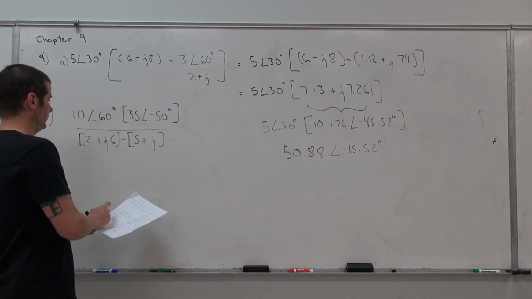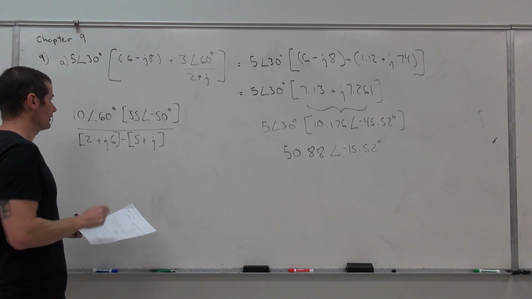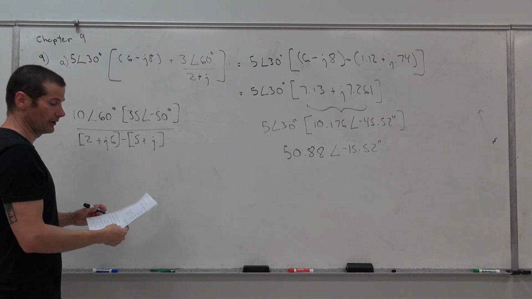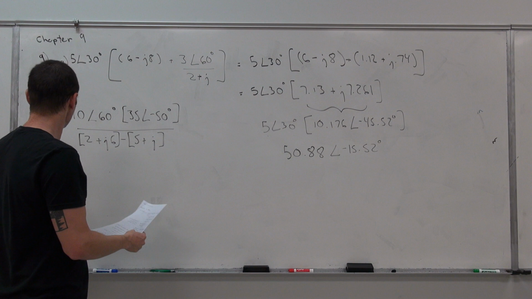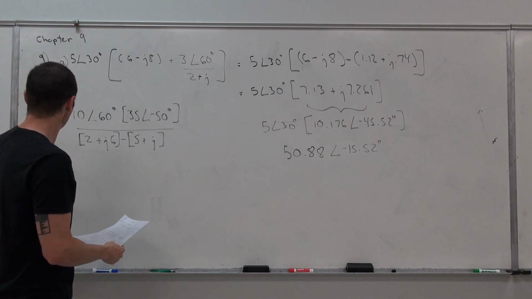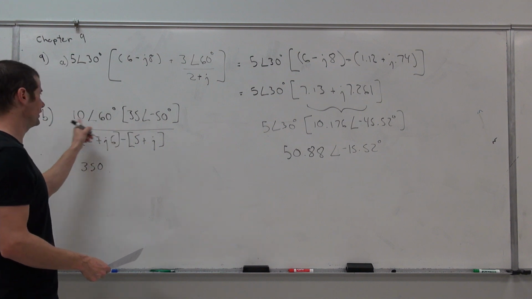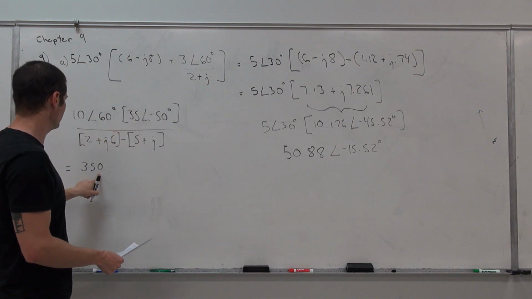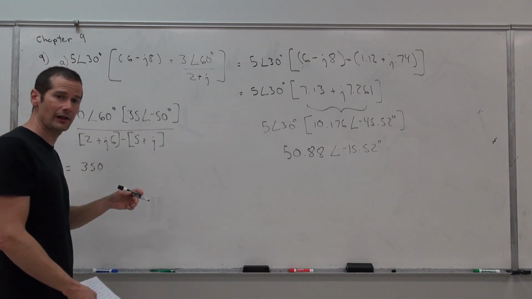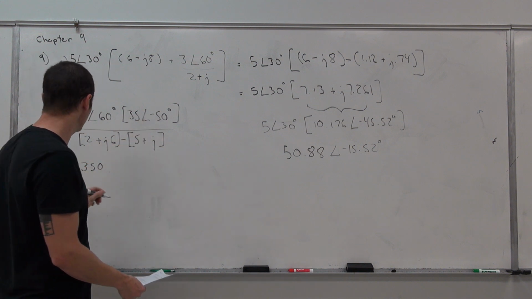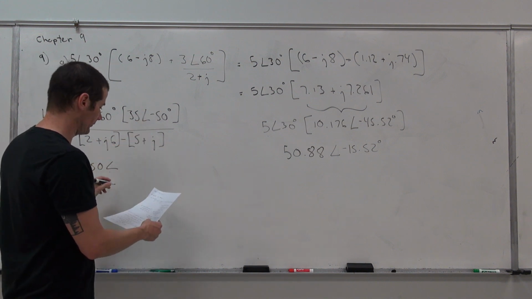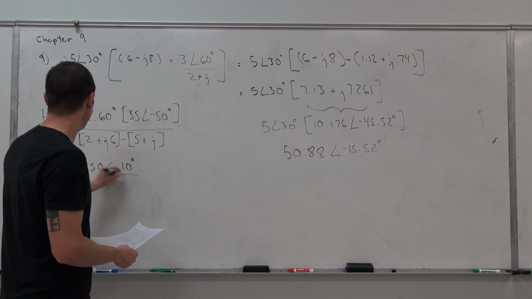So if we multiply the top, we get 350, 10 times 35. We add these angles together, so that's 60 minus 50 degrees, which comes out to be 10 degrees.